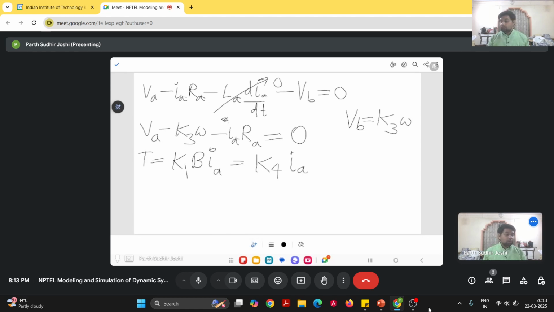The net torque acting on the rotor is the moment of inertia into the rate of change of angular velocity, which will be the torque produced by the electric motor minus the energy lost because of the bearing friction, which we can write as RB into omega.